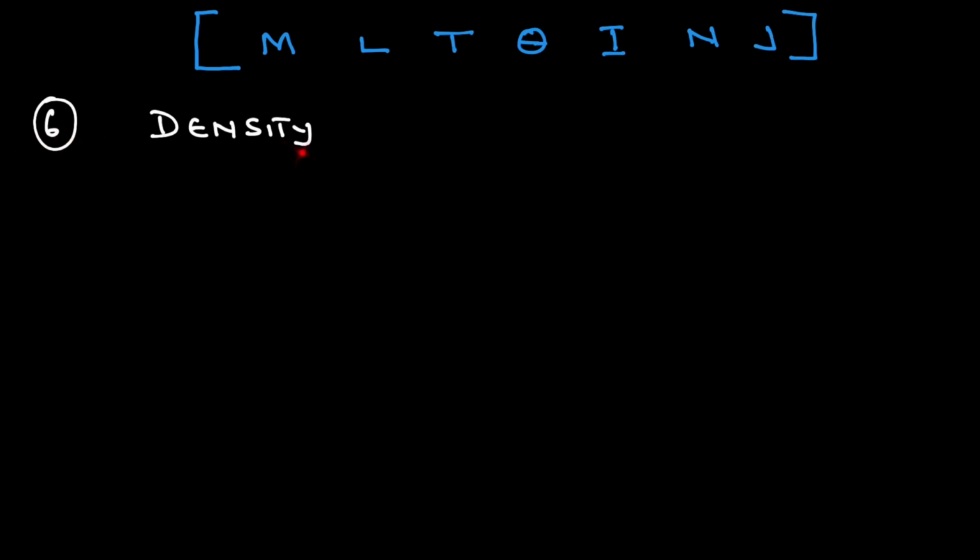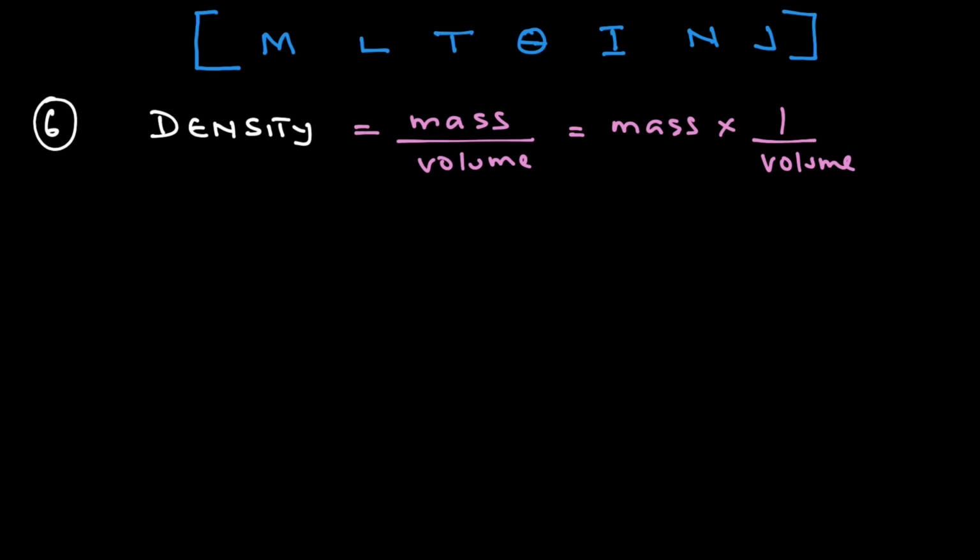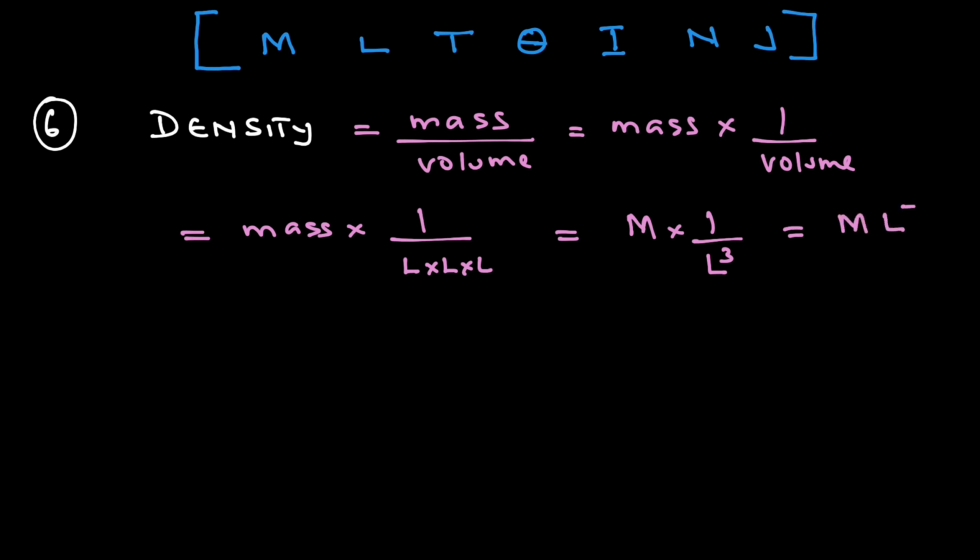Number 6, density. Density is mass over volume, and therefore we can write mass times 1 over volume. But we know what volume is, so that will be mass times 1 over length times length times length. And that equals mass, which is capital M for dimension, times 1 over L cubed, and that will become ML to the power minus 3.